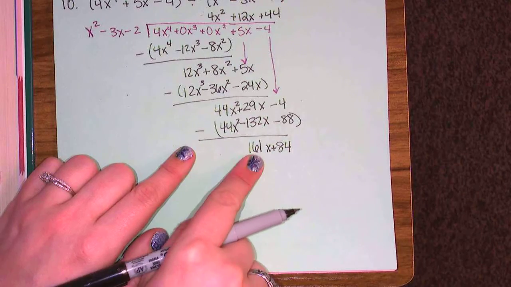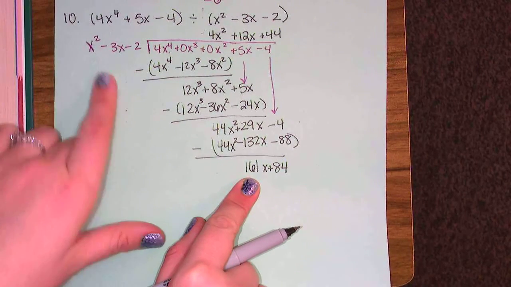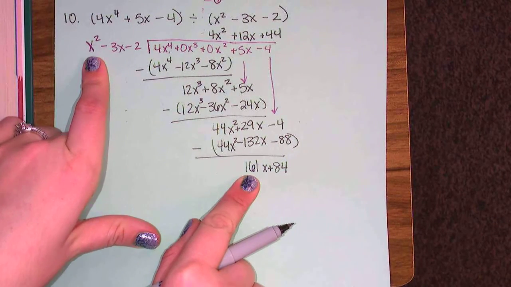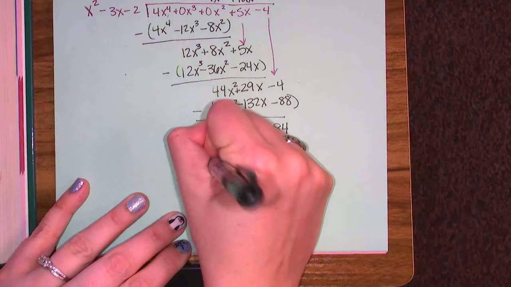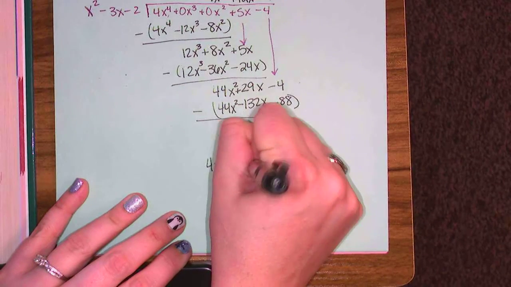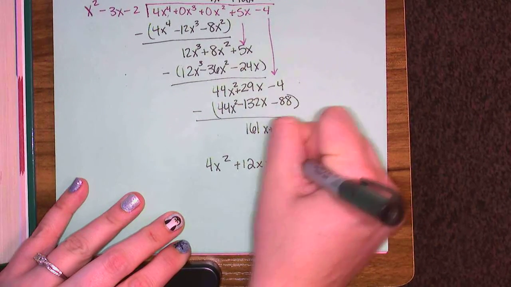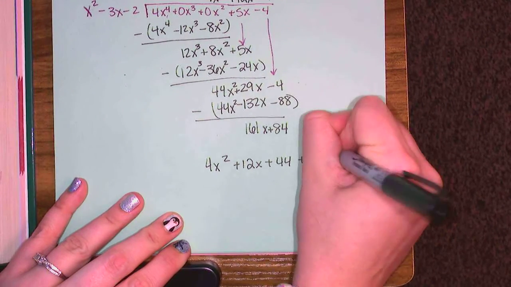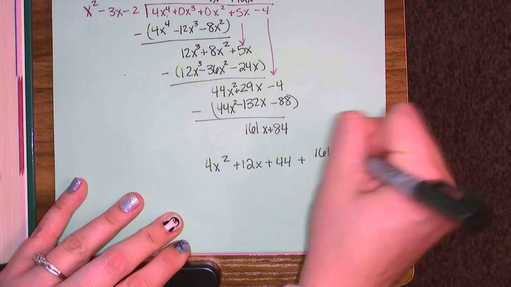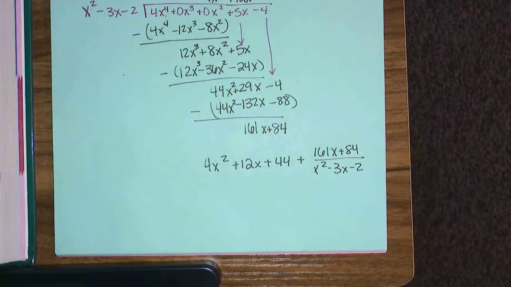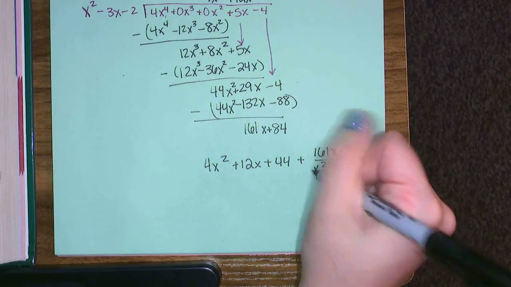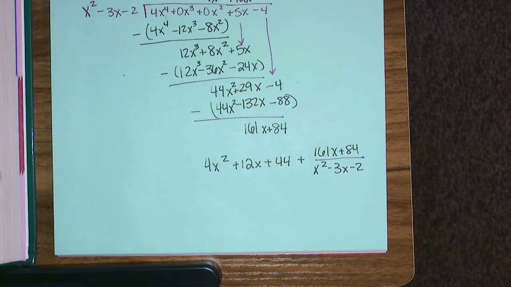There's nothing I can multiply by to get rid of this. So my answer is 4x squared plus 12x plus 44, plus (161x plus 84) divided by (x squared minus 3x minus 2). This is as hard as the problems that we have are going to get.